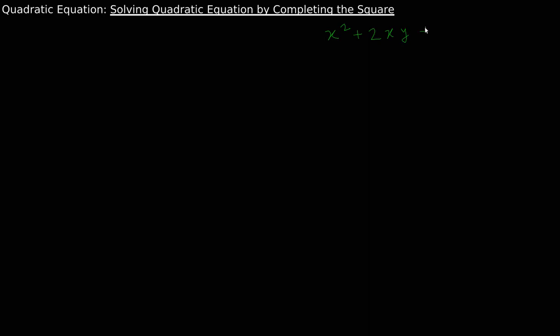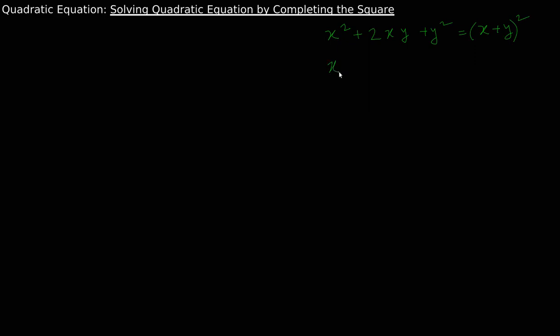2xy plus y square, it basically turns out to be (x plus y) square. And another one is exactly the same, it just has a minus involved.